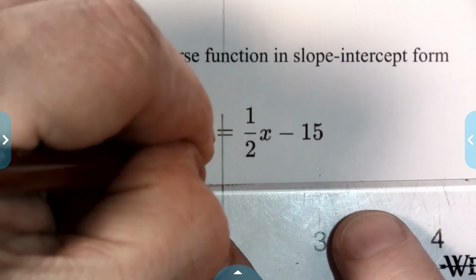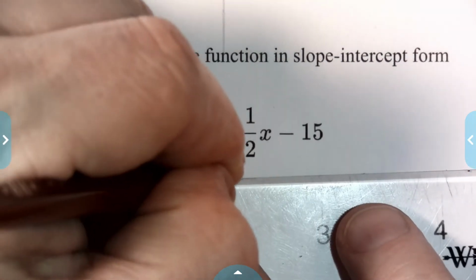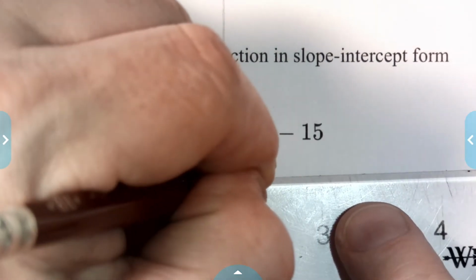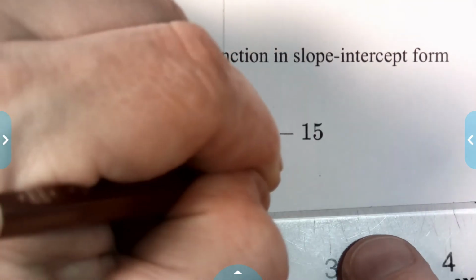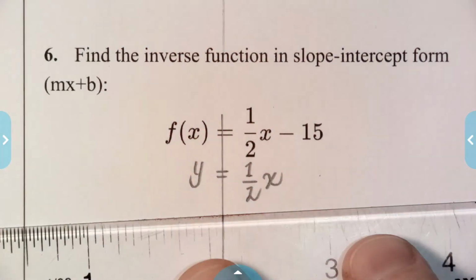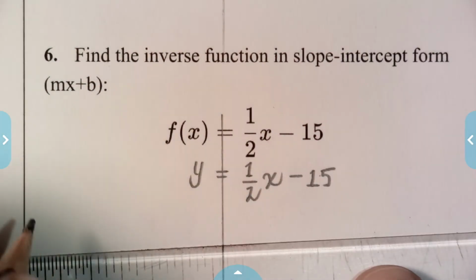So y equals 1/2 x minus 15. And now I'm going to swap the x and the y.